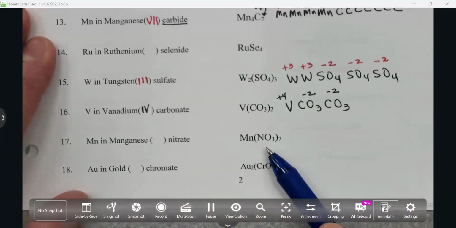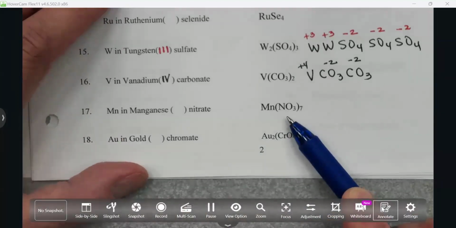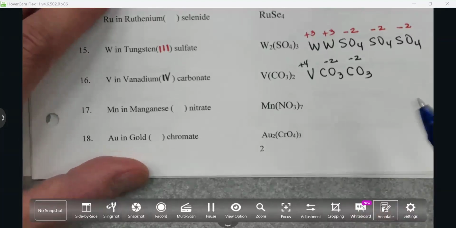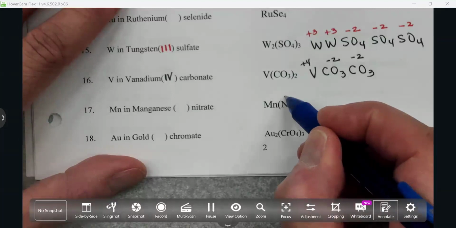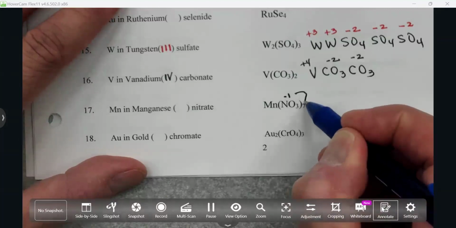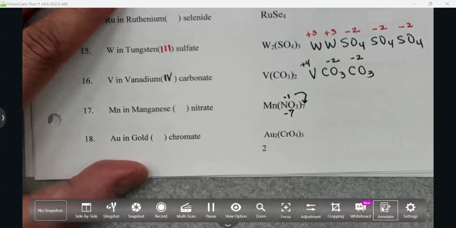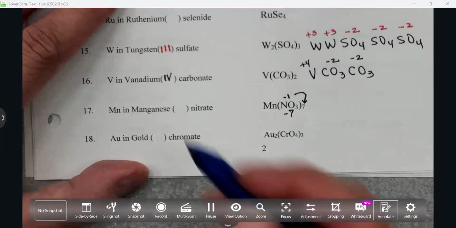Manganese nitrate. Nitrate should be highlighted for sure. What's the charge of a nitrate? -1. We've got 7 of them. That's -7, yes? And if we only have 1 manganese, it has to be a 7.